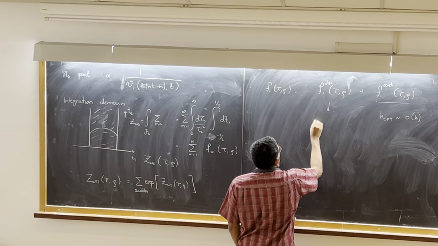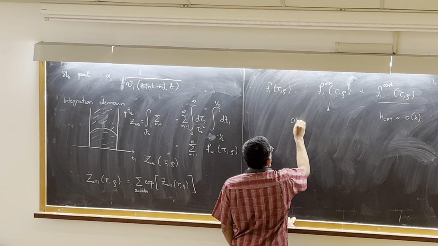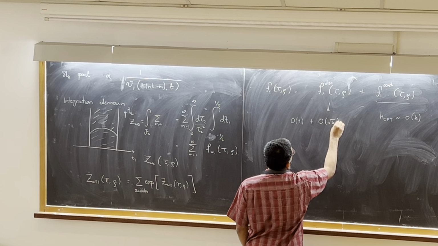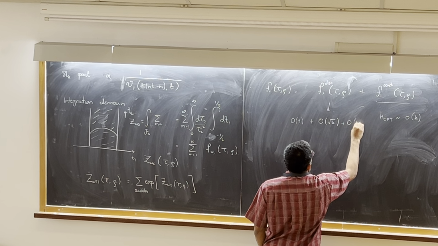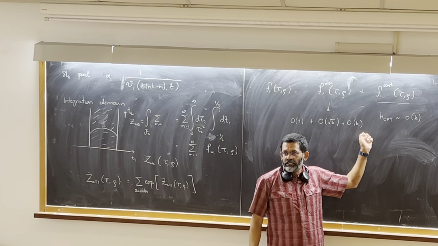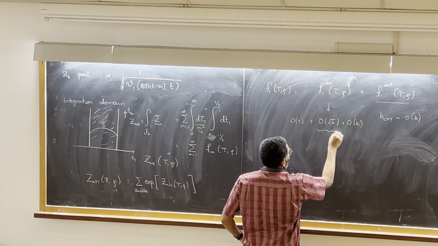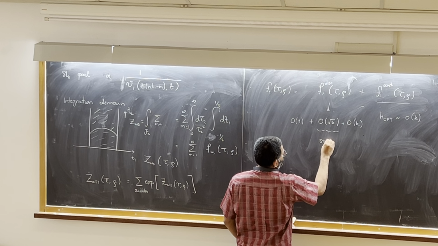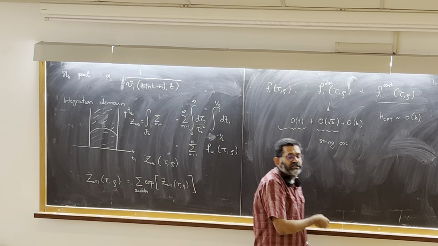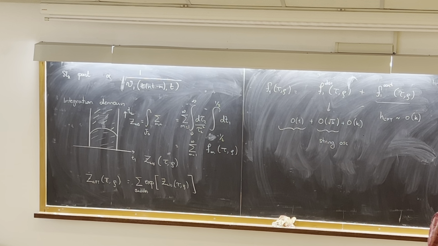Well, let me say it has three sets of contributions. There are order 1 states, order root k states, plus order k states. These are sort of small excitations around the continuum, so we can ignore those. These are coming from string oscillators. But these are interesting because these are the stuff that you see in semi-classical gravity. These are the only things you can see in supergravity, because supergravity doesn't know about states which have energies of order of the string mass.